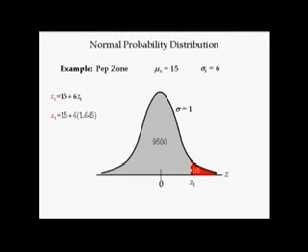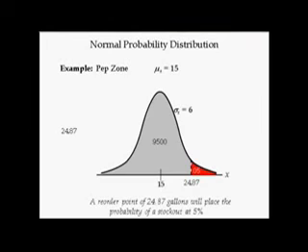Substituting 1.645 for z1 yields x1 equal to 15 plus 6 times 1.645, or x1 equal to 24.87. So 24.87 gallons is the value such that the probability of being greater than it is equal to 0.05. Hence, a reorder point of 24.87 gallons will place the probability of a stockout at 5%.